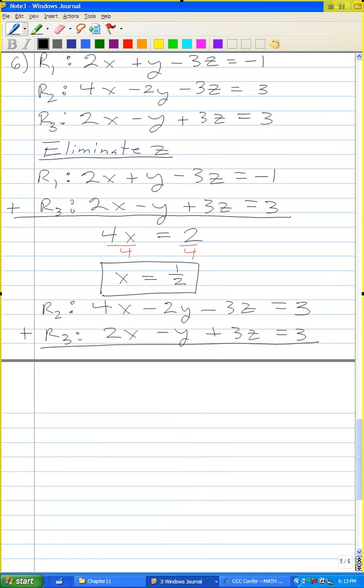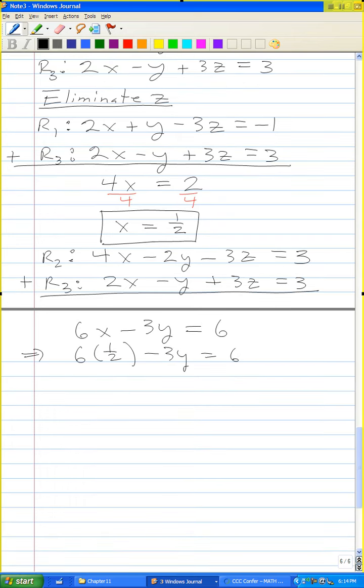So I get 4x plus 2x is 6x, minus 2y minus y is minus 3y. The 3z's cancel, equals 6. Notice that x is 1/2, so let's replace x by 1/2.